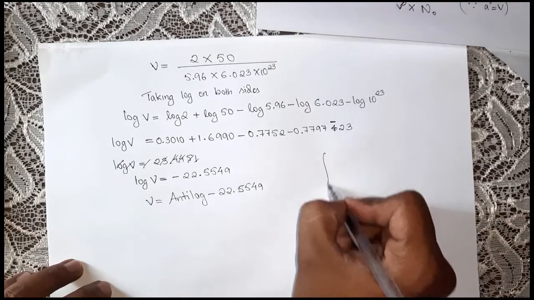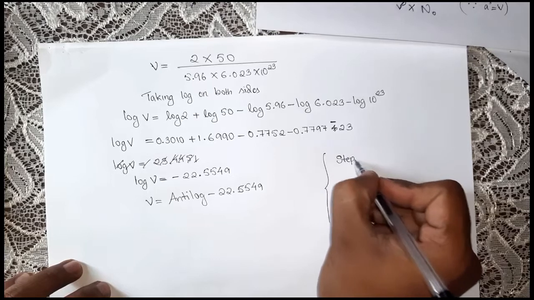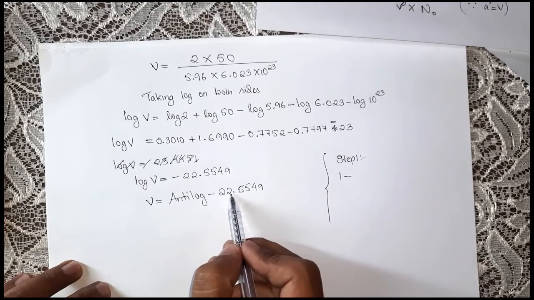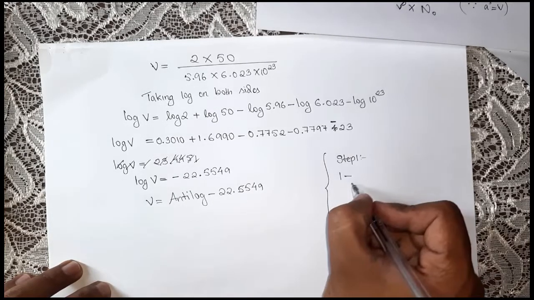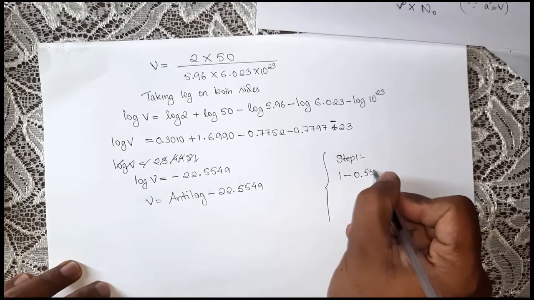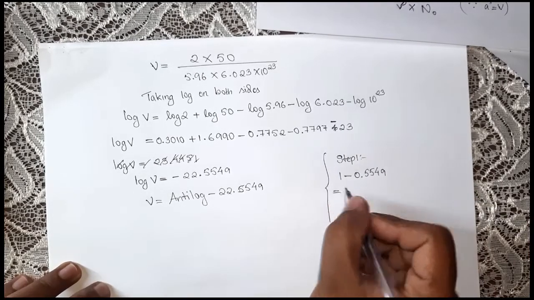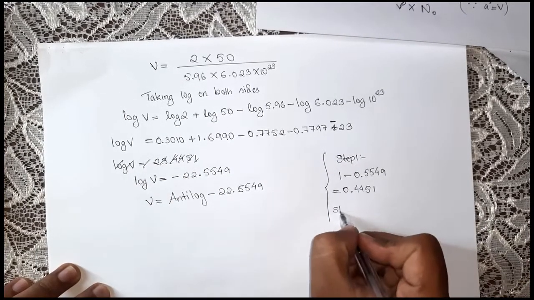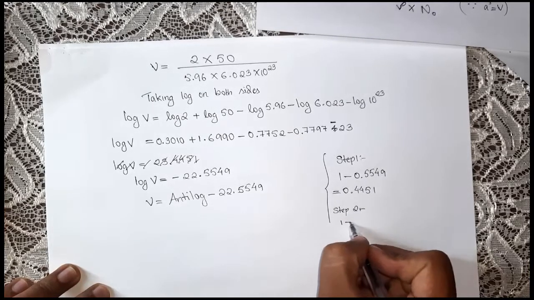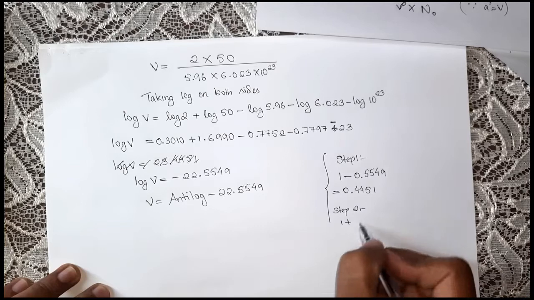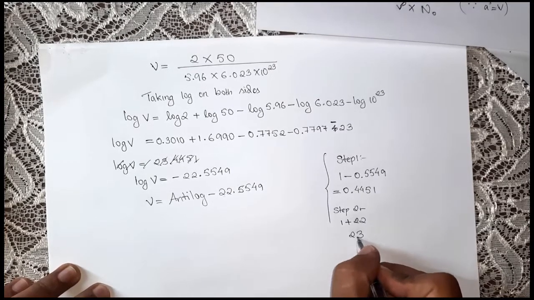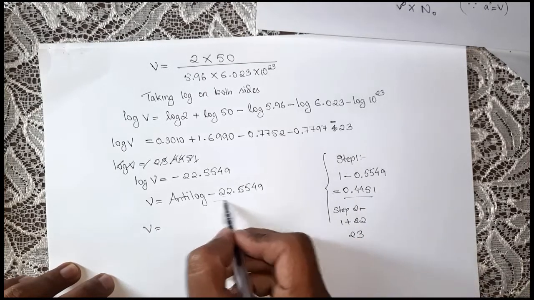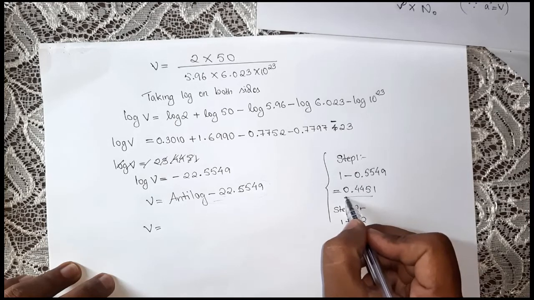So how will I do it? Step 1: I'll write 1 minus. If I remove 22 from here, I'll have 0.5549. So 1 minus 0.5549. If I subtract these values, I will have 0.4451. And then in step 2, 1 plus this number 22 out here. 1 plus 22 will be 23. Now I'm supposed to take the antilog of 0.4451, not this number.